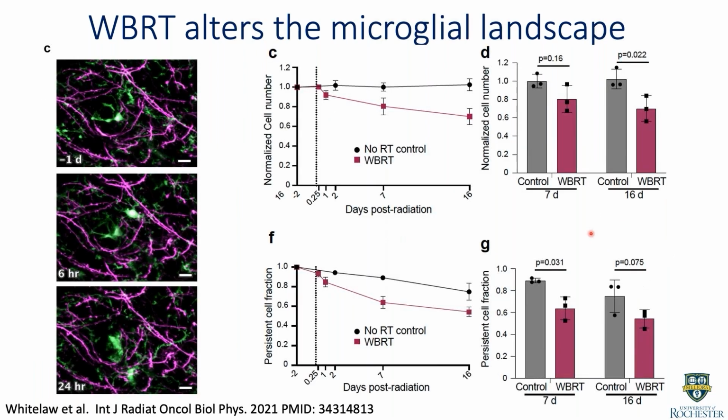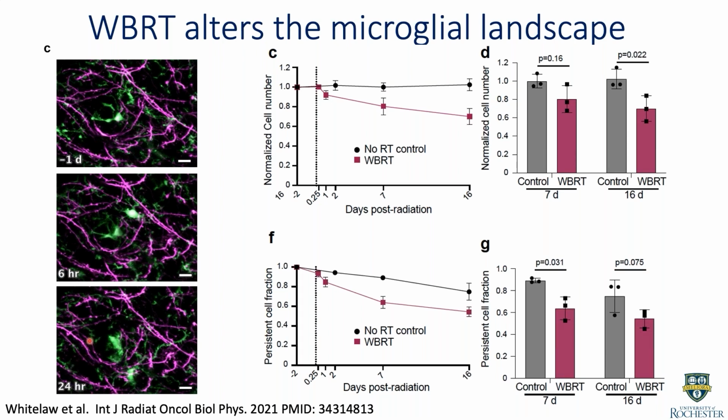So this is some of the data. Here we demonstrate whole brain irradiation alters the microglial landscape once we look through the window to give an indication of changes in movement and death of cells on that 2-photon laser scanning microscope. So here we're looking at longitudinal imaging of microglia and dendrites after whole brain RT.